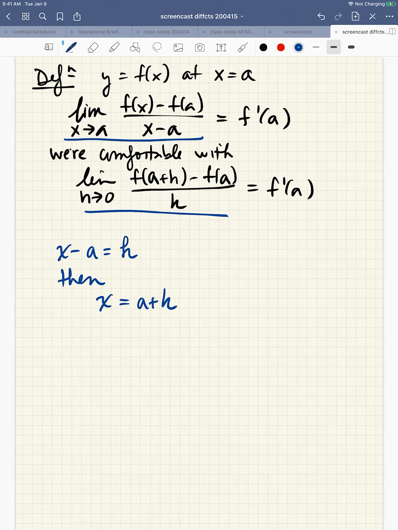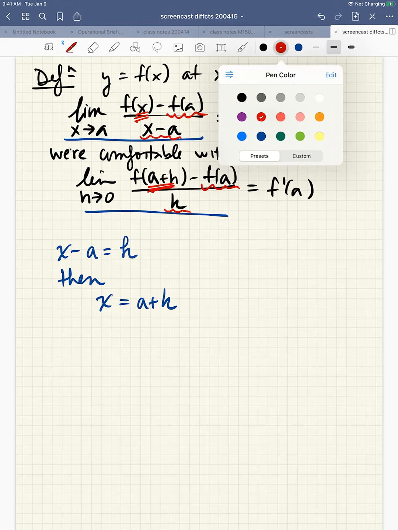So then, look what I just did. There's an x here, and there's an a plus h here. So I'm saying if this x minus a and that h are the same, then I just showed that this x and this a plus h are the same. And then that means here in our difference quotient, this is clearly the same as that. So I've just shown that these difference quotients are the same expression. You should believe that these difference quotients are the same thing.